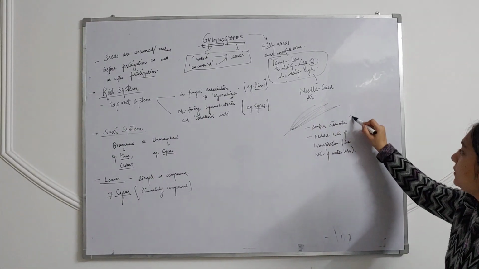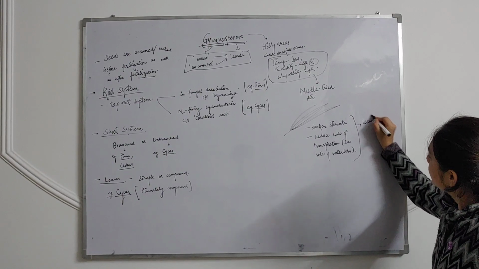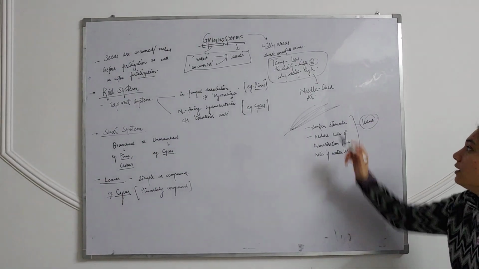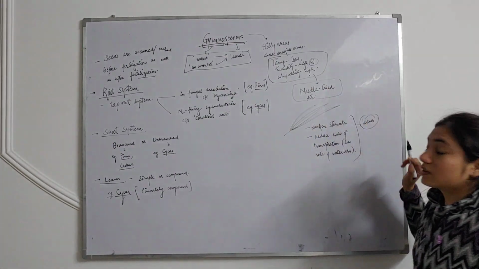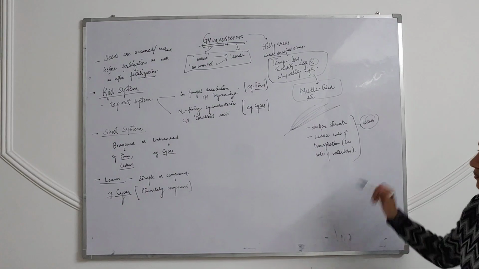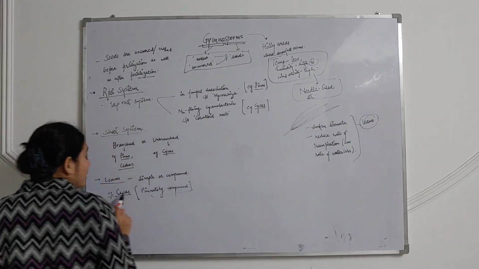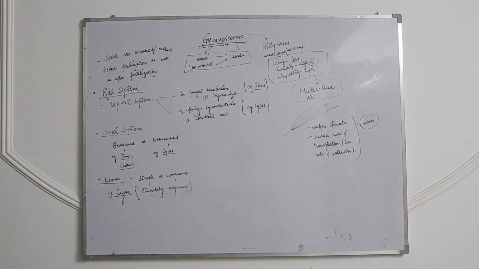So these are the characteristics of leaves: needle-like structure, sunken stomata, reduced transpiration, and pinnately compound leaf in Cycas.